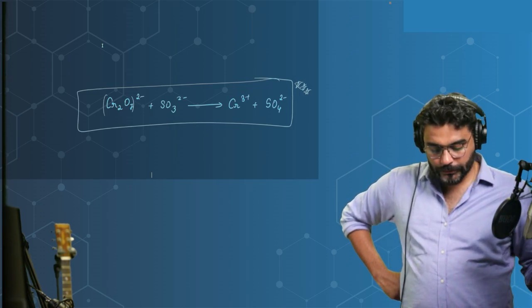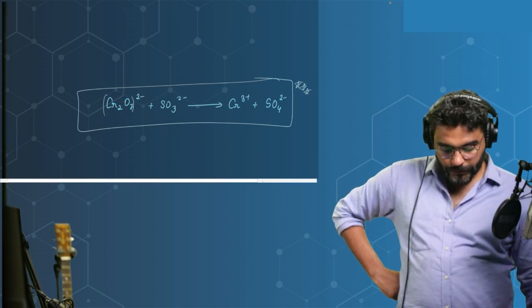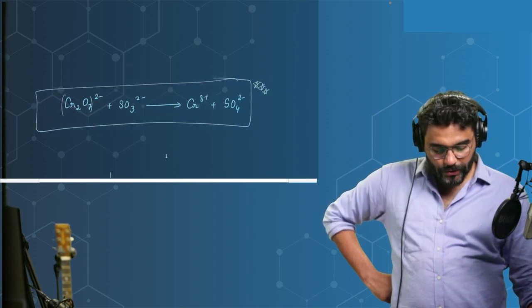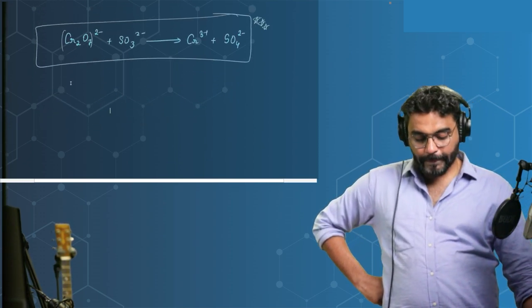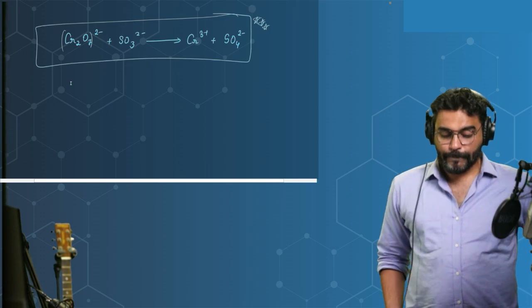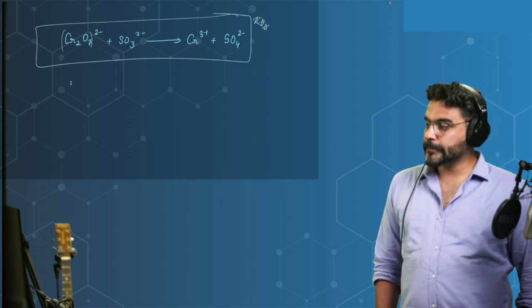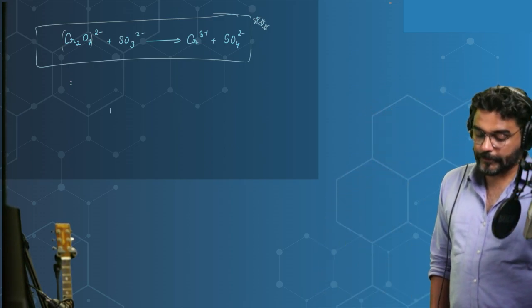Cr3+ is gaining electrons because oxygen is being lost. In SO4 2-, oxygen is being added, therefore there is loss of electrons.